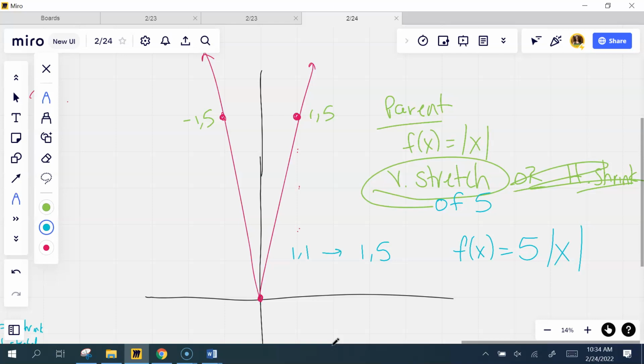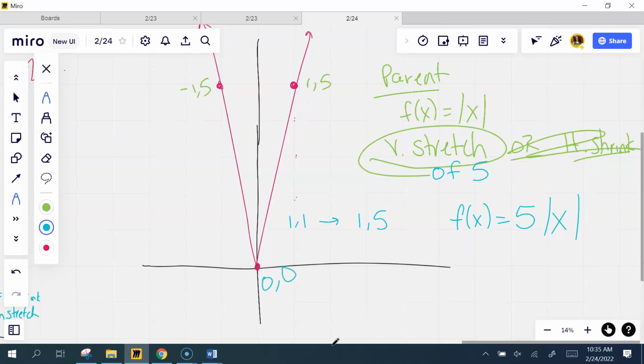See why these are a little harder than just the slides? What's the vertex of my absolute value now? (0, 0). That's exactly right. My vertex has not changed. How about the domain? The range, though, 0 to infinity.